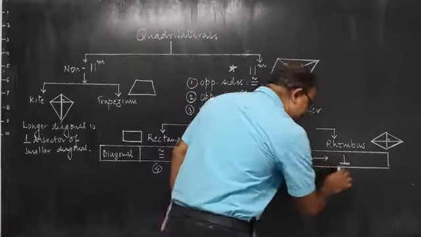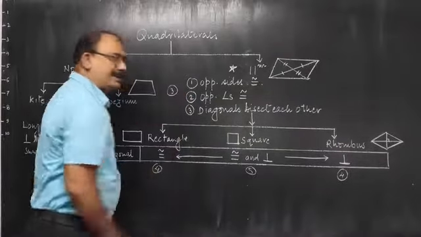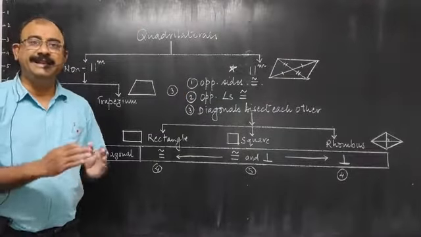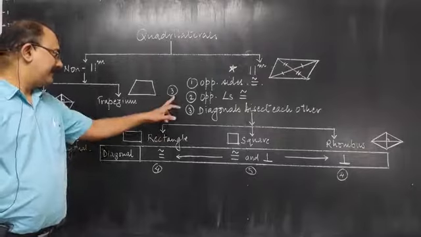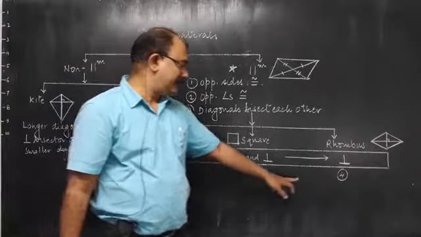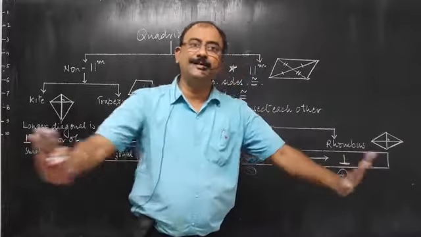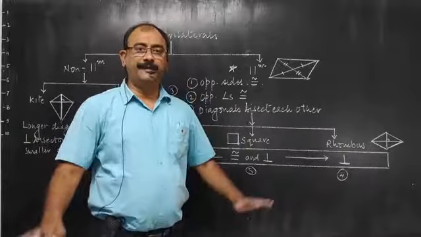For rhombus, these 3 plus this, so 4 properties. So if you try to memorize the properties independently, then 3 plus 4, 7, 7 plus 5, 12, 12 plus 4, 16 properties you will have to learn for different quadrilaterals.